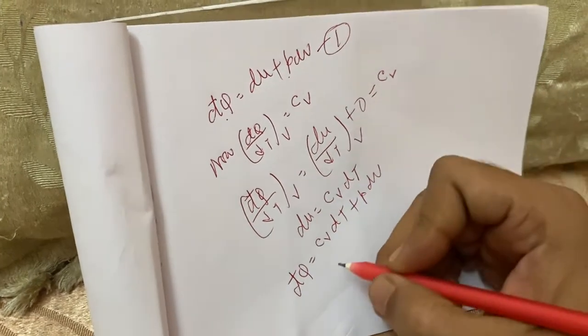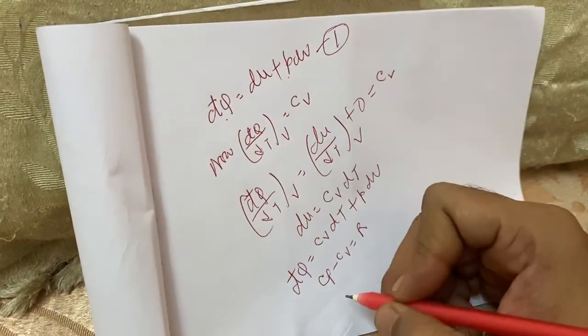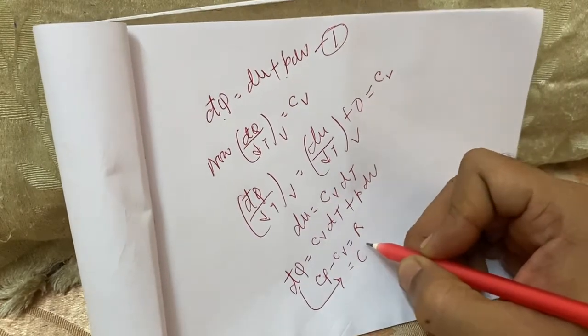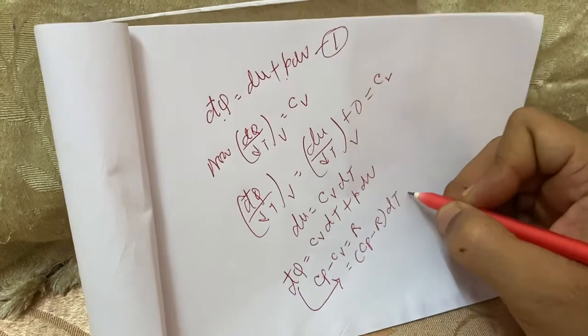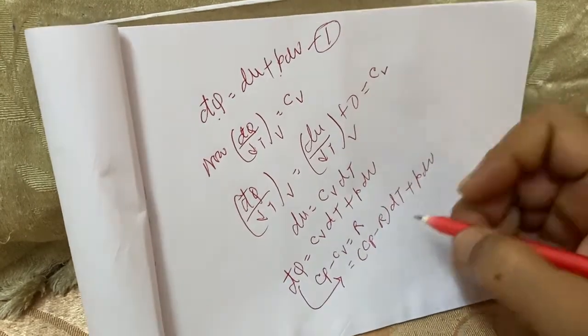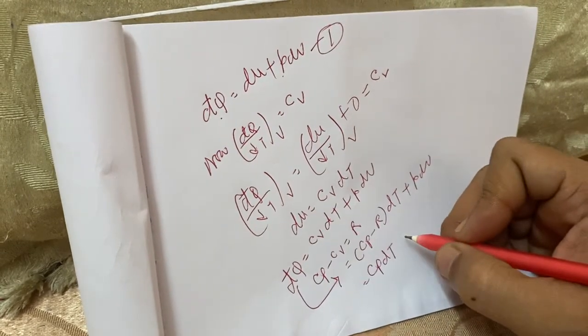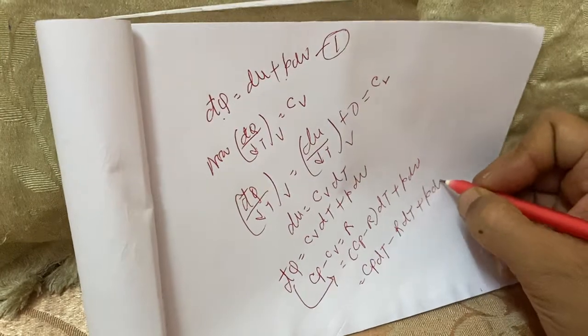Again we know Cp minus Cv is equal to R. So, this equation becomes (Cp minus R) dt plus P dv, which is Cp dt minus R dt plus P dv.